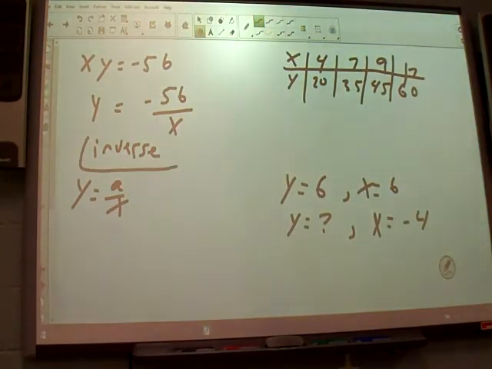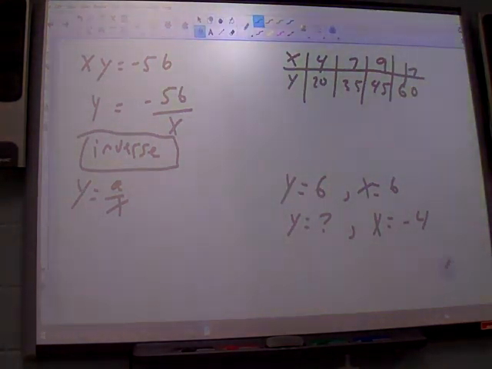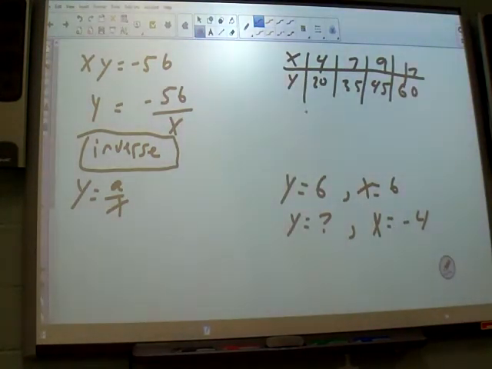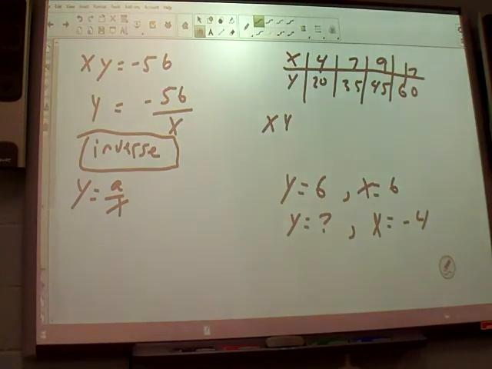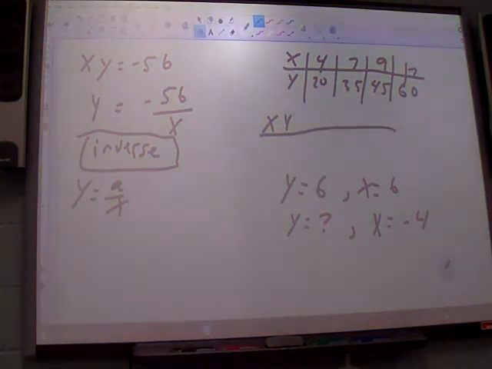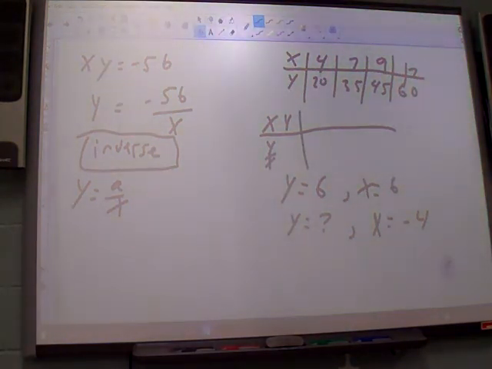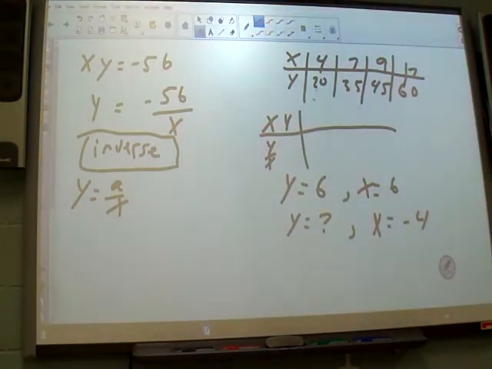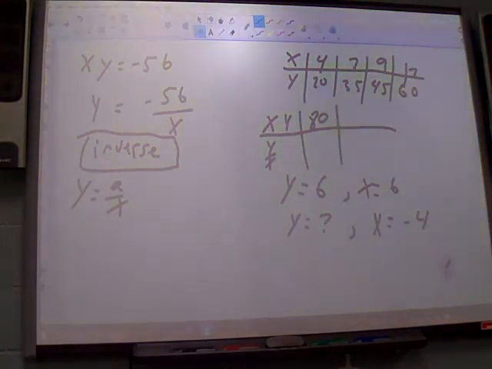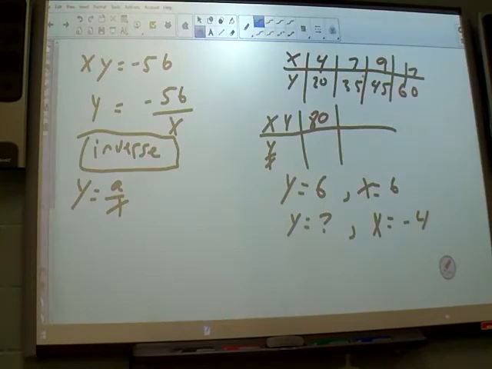Okay. Now when we had a table, we looked for either that relationship or that relationship. So if I start here on my x times y, 20 times 4 is 80. What about 35 times 7?